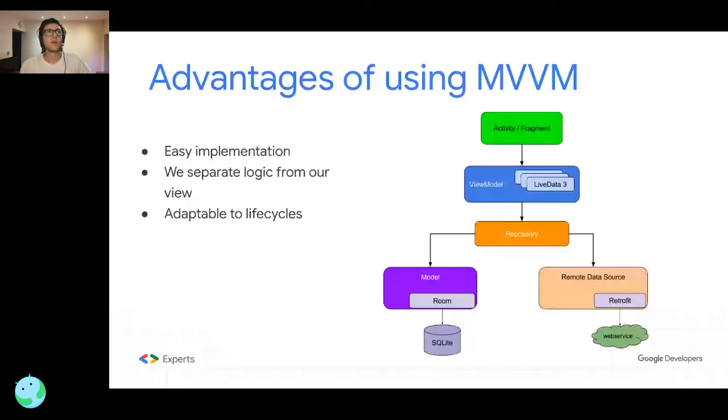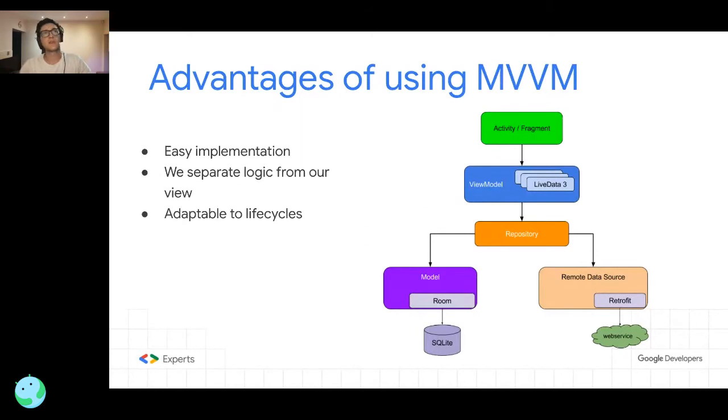So what's the advantage of using this MVVM pattern? We have a more modularized application because our UI does not depend on any business logic in the UI layer. So it's an easy implementation for us, and we can just focus on each part of the application in separate layers.